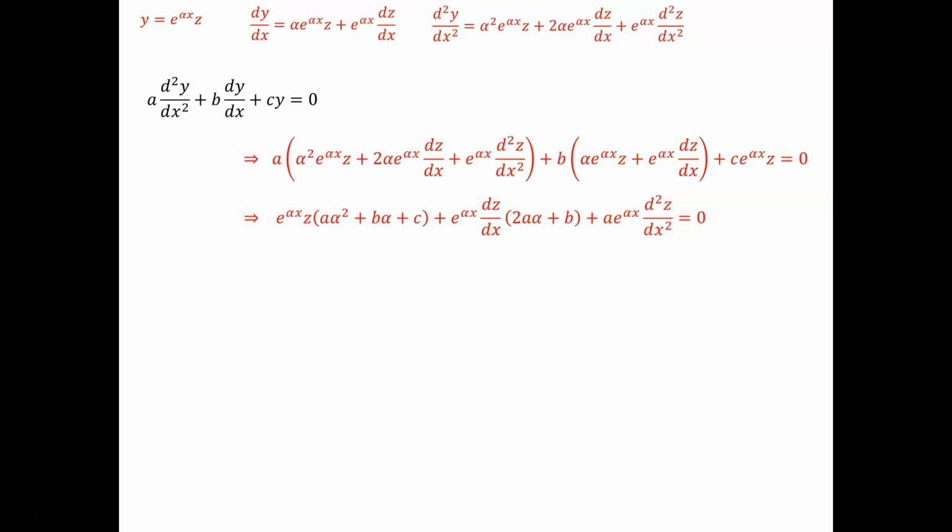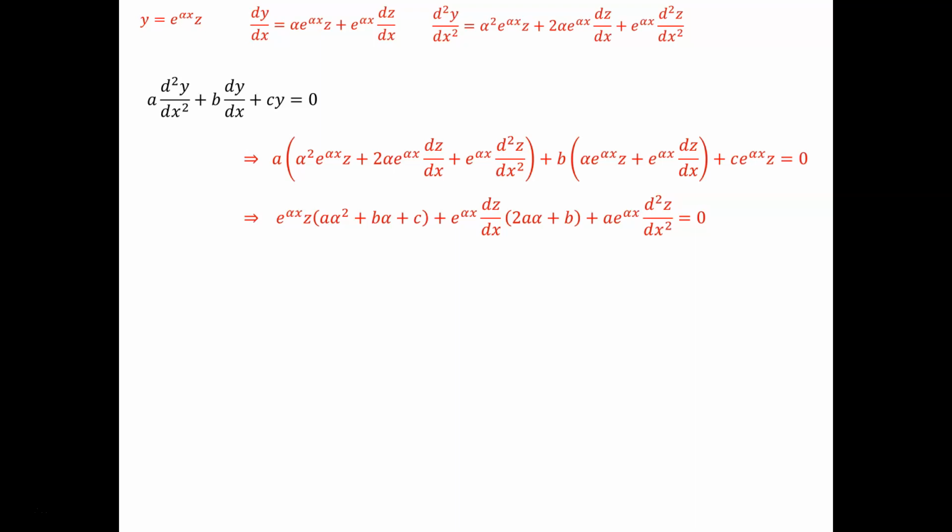And if we collect together the similar terms, we've first of all got e to the alpha x z times a alpha squared coming from the first bracket plus b alpha coming from the second bracket plus c coming from the final term.